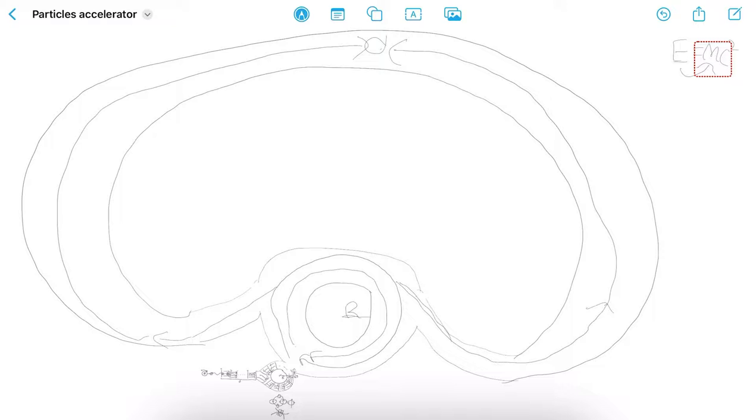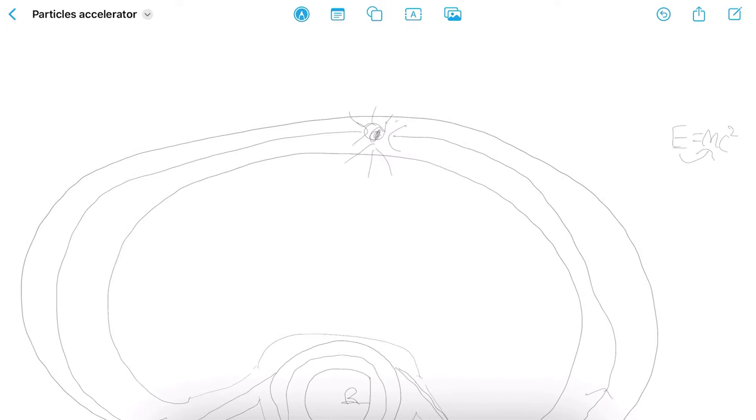So when the collision happens here, there is lots of energy released in all directions, and the energy released can be converted into mass.